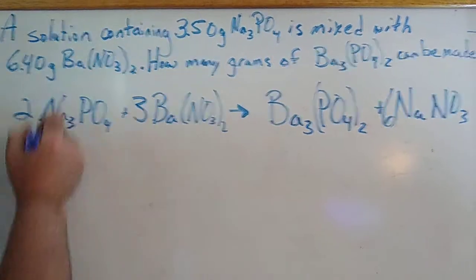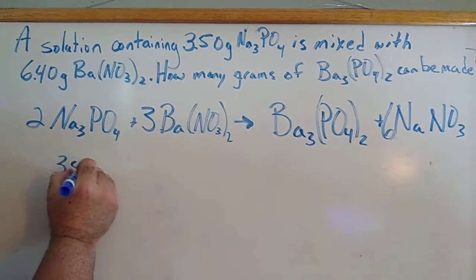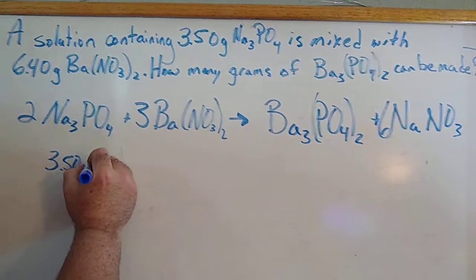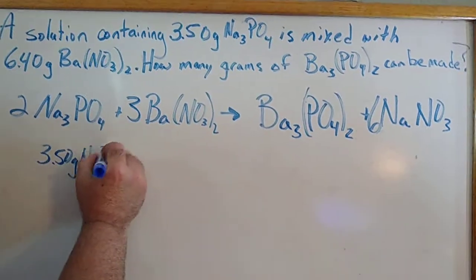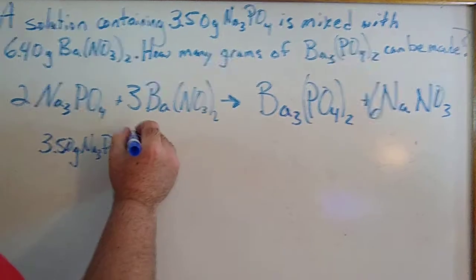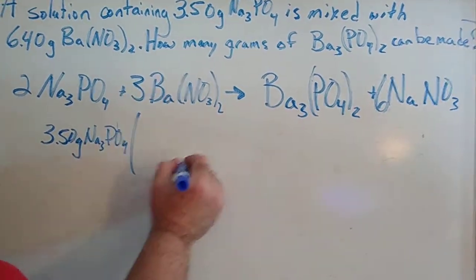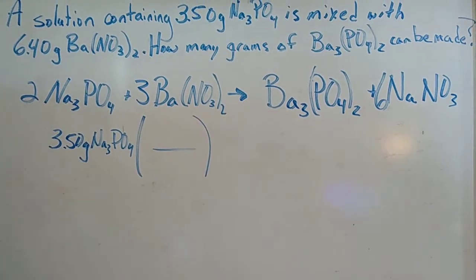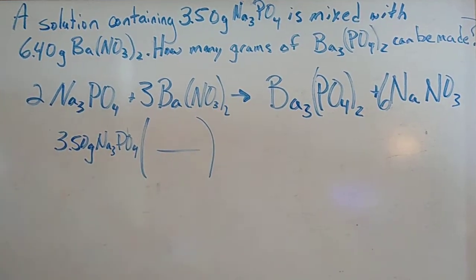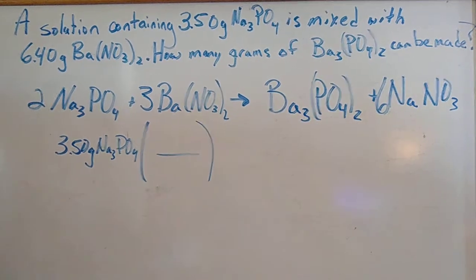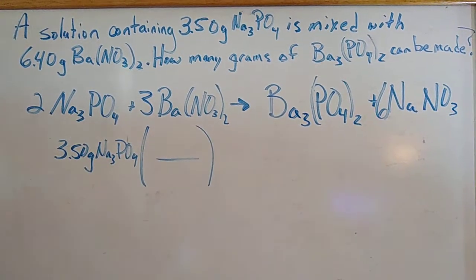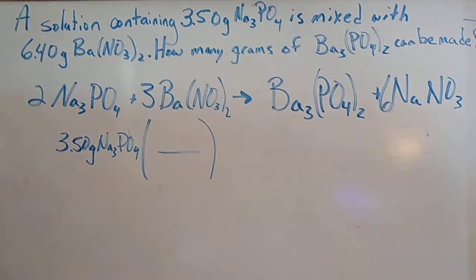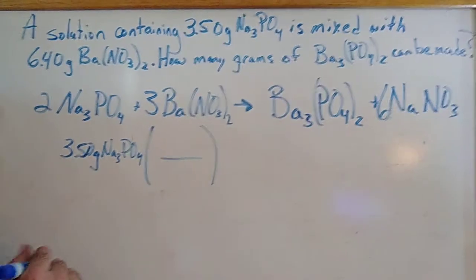So I take my 3.50 grams Na3PO4, and we need to convert that into barium phosphate. And to do that, it's going to take us 3 conversions. First one is we need to know what is the molar mass of sodium phosphate.